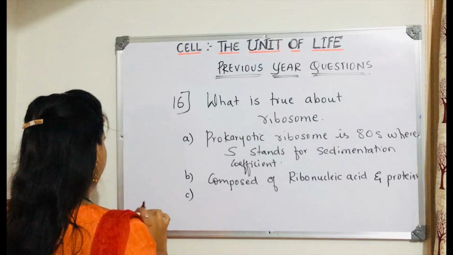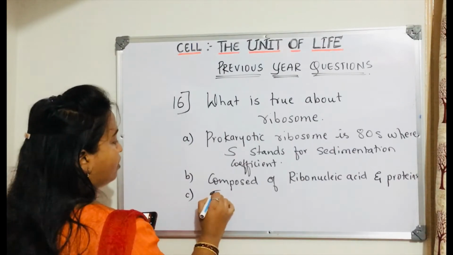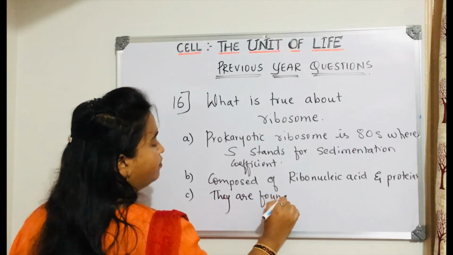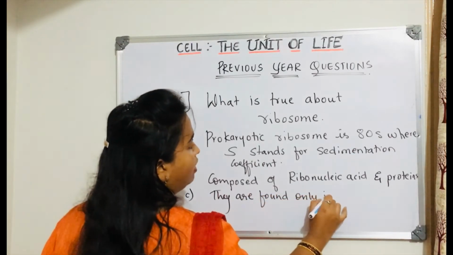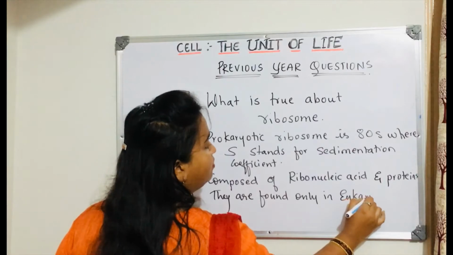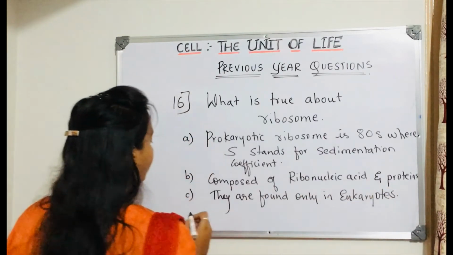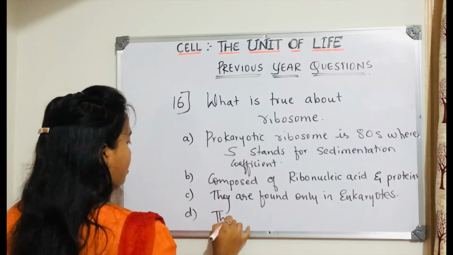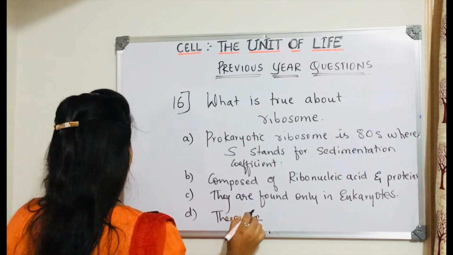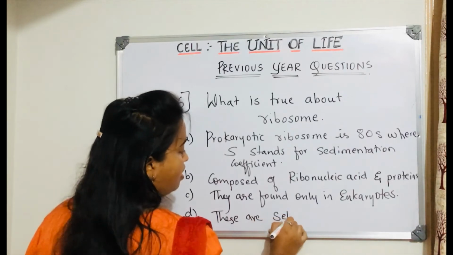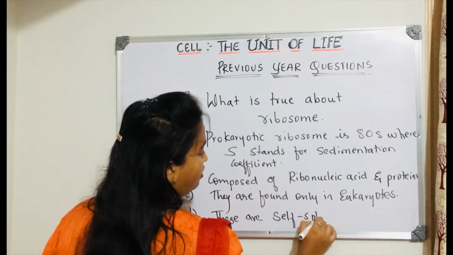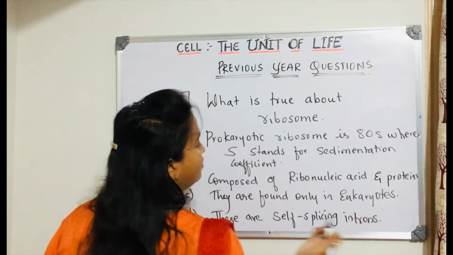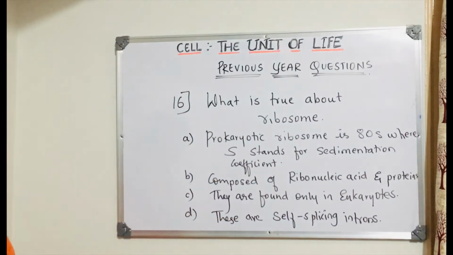C is they are found only in eukaryotes. Last one is these are self-splicing introns.